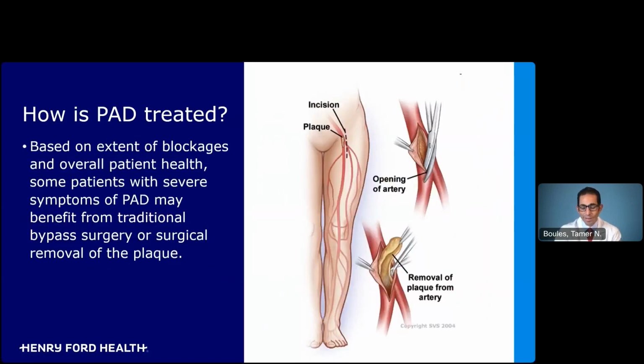Some patients are not candidates for balloon angioplasty or stenting because their blockages are too severe or too long or just in not the right places for stents and balloons to last. And so there are patients that we still offer some open surgical options to.